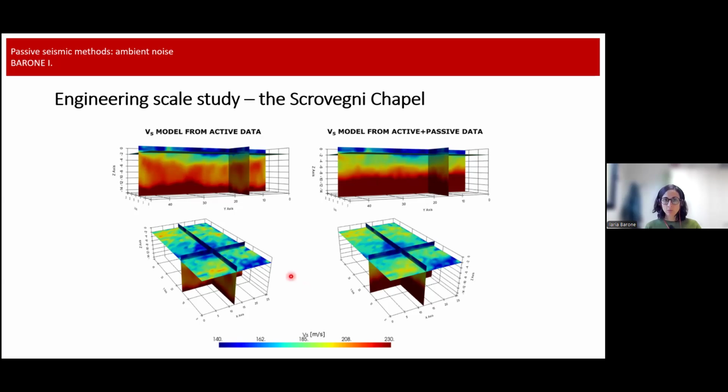You may see that in the shallow part, we get very similar results, but in the deep part, the model has completely changed. This is because the passive data is characterized by low frequencies, and low frequencies are sensitive to deeper layers. And so we are constraining much better the subsoil information at depth.